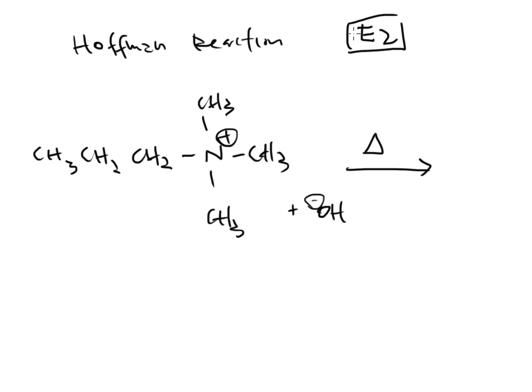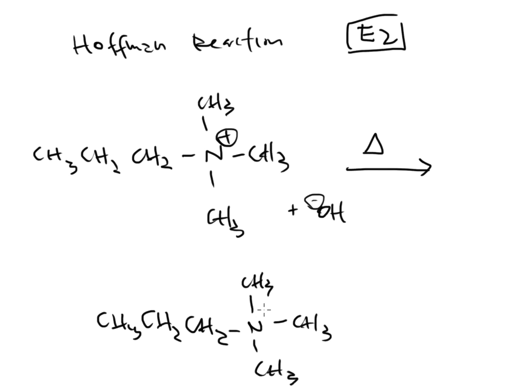What happens here, I'm going to redraw my reagent. We'll start there. CH3, CH2, CH2, nitrogen with a CH3 group, a CH3 group, and a CH3 group. So what this reaction does is that it looks at that nitrogen with those 3 carbons on it, right? You see that. And the presence of heat with hydroxide will go in and, pew, get rid of that bond.